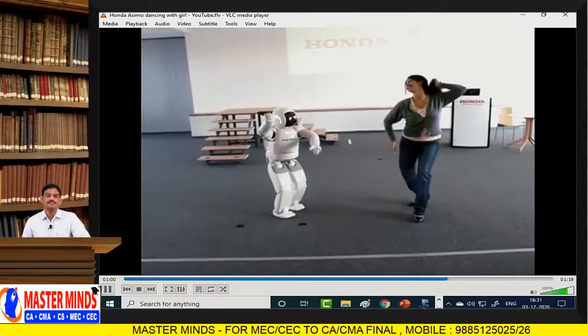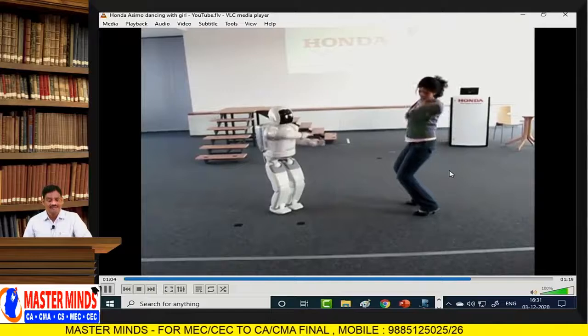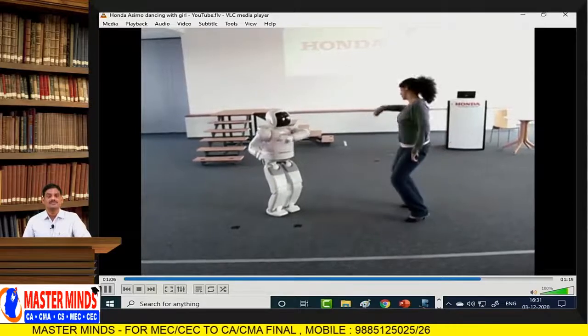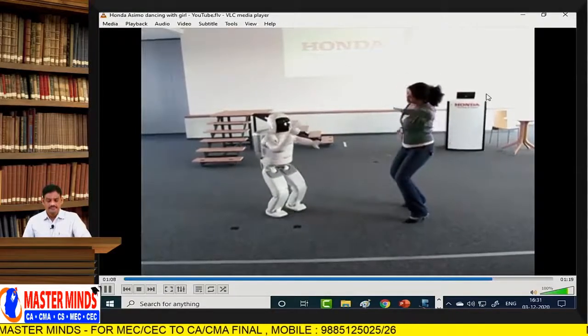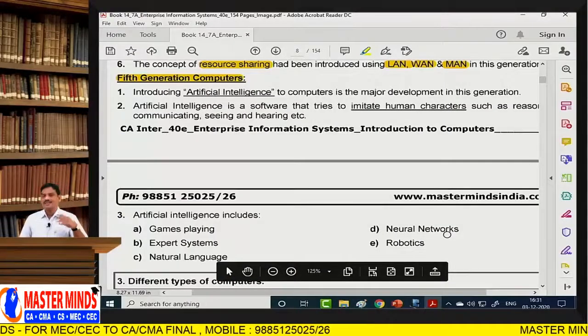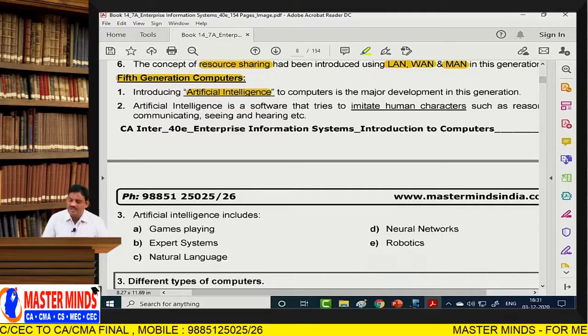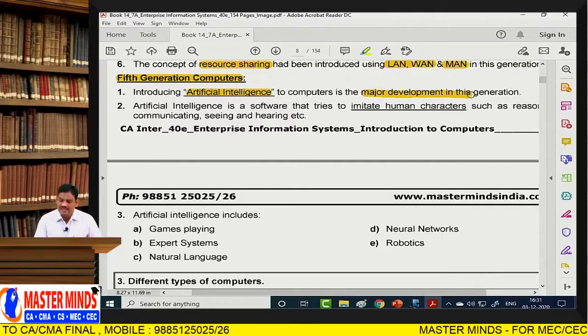This is an expert system, artificial intelligence. So, introducing artificial intelligence to computers is a major development in this generation.